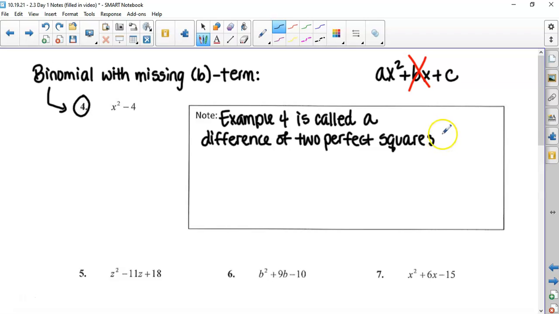And sometimes people abbreviate this D, difference of two squares, D2S. If you like that abbreviation, difference, that's a D. Kind of looks like an O, sorry. Difference of two squares. Difference of two perfect squares. So let's highlight this so it stands out in our notes.